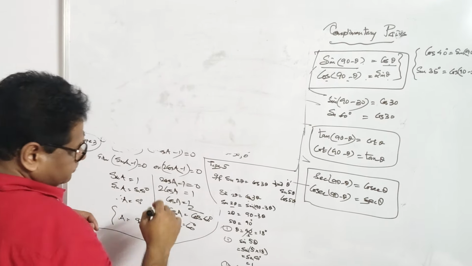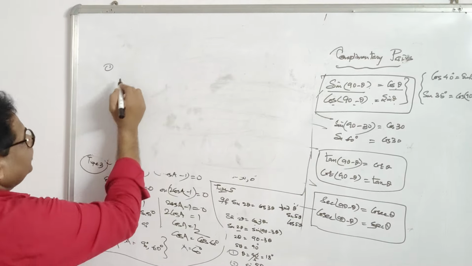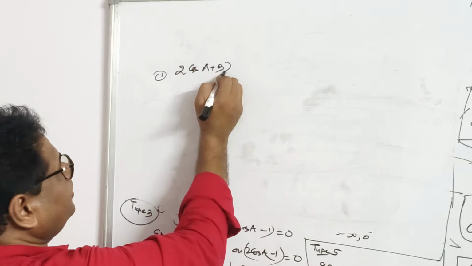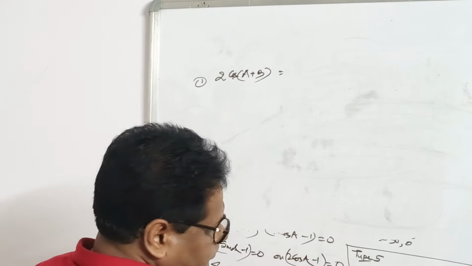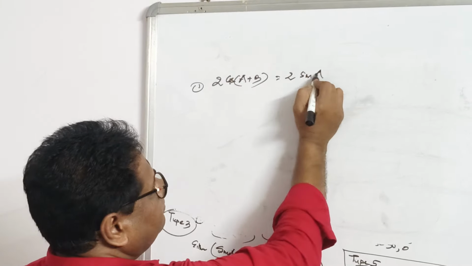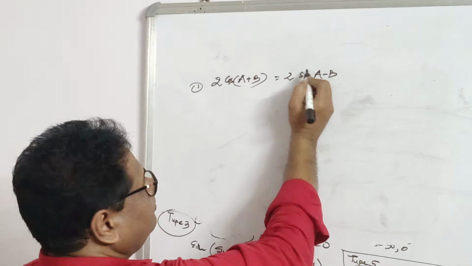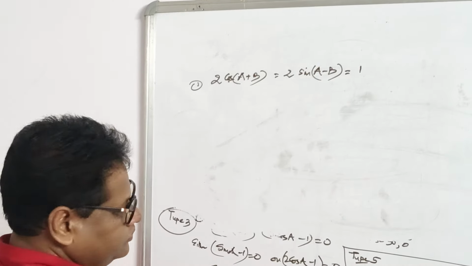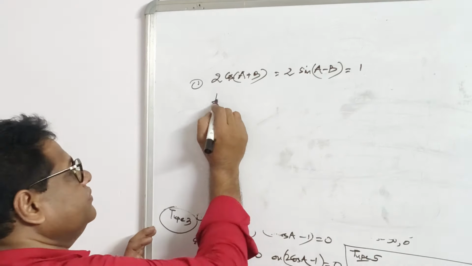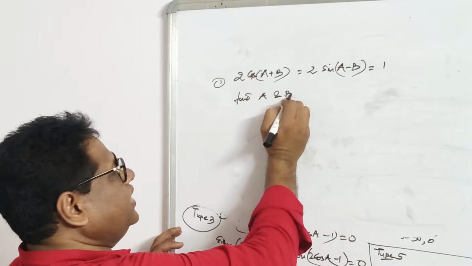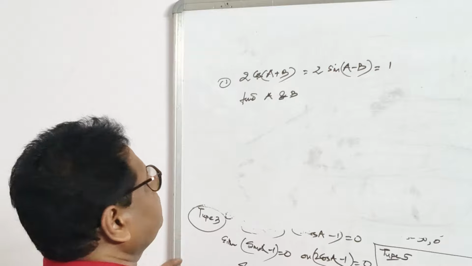We have one question: 2 cos (A plus B) equals 2 sin (A minus B), and this equals 1, right? Find A and B. Angles A and B you have to find out.